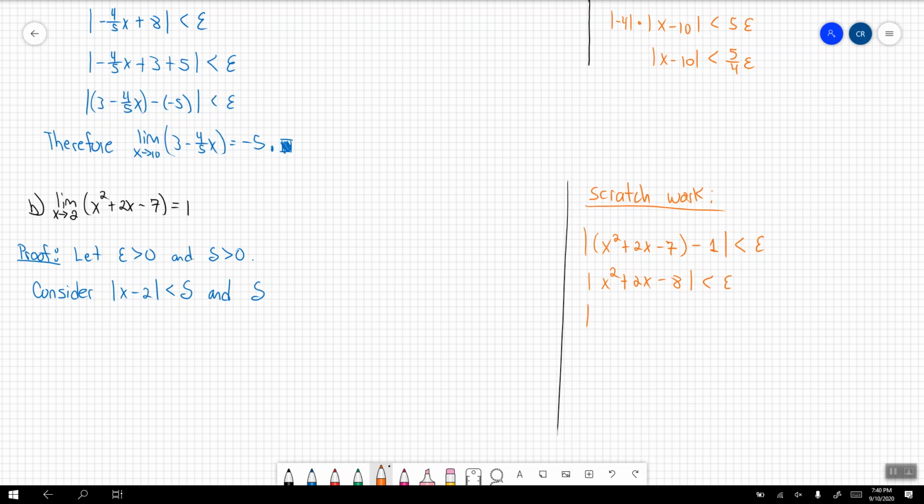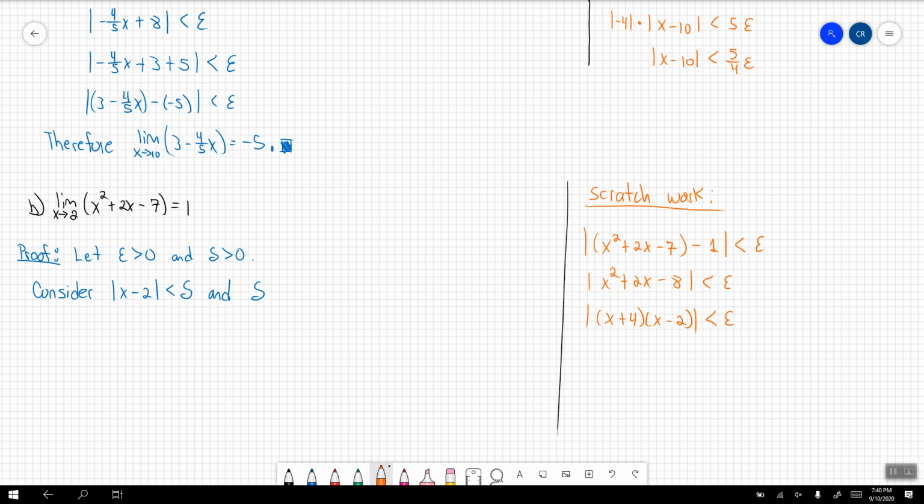Now this polynomial, or this trinomial, can then factor as such. And now this is where we're left with identifying that polynomial.